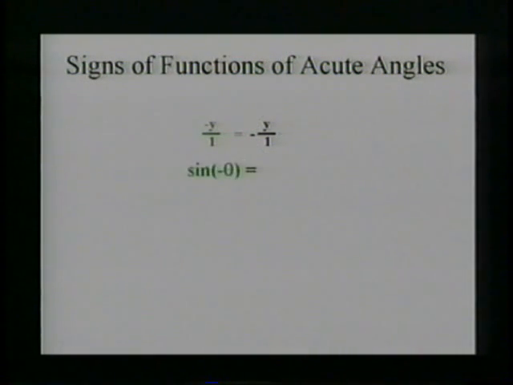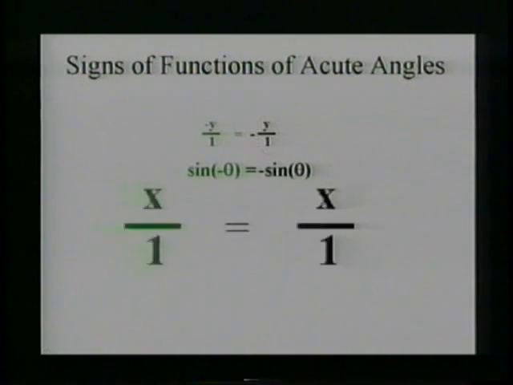Then we can say that the sine of a negative angle, which is what we just showed you, minus y over 1, is the same as the minus the sine of an angle. Let me say it again: the minus the sine of an angle. In other words, when we get to these fancy calculations, if we have a negative angle inside a sine, we can take the negative sign outside.